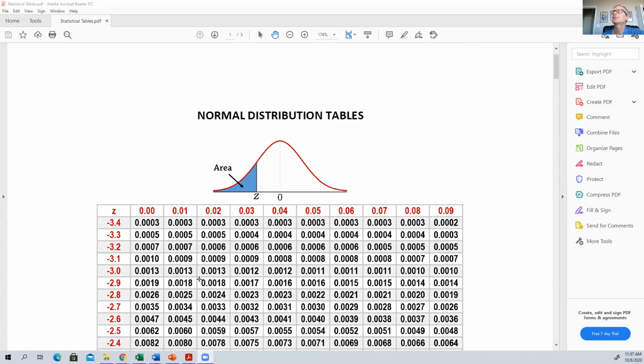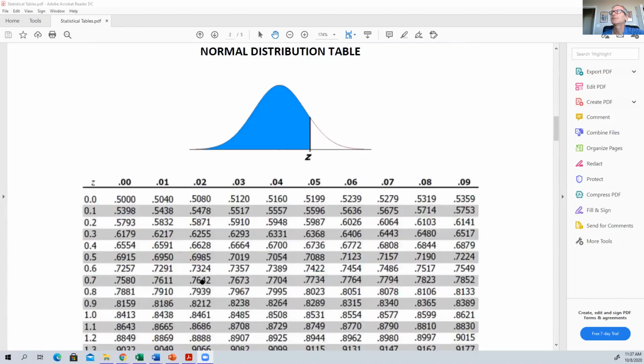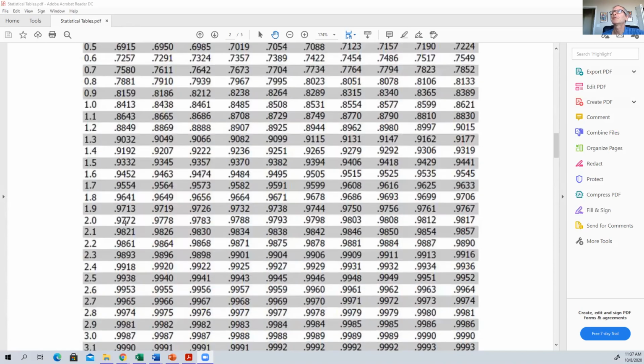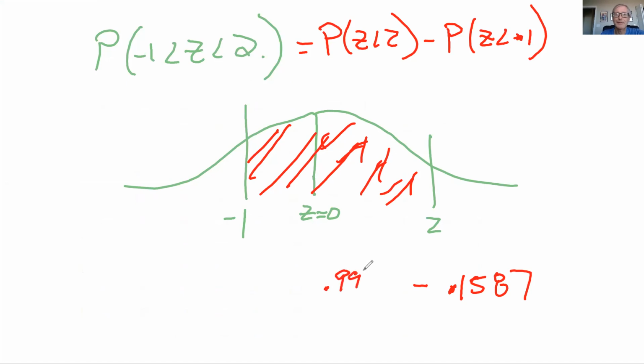And so we want to subtract that from z less than 2. So we have to go all the way down to the 2.0, and there's 0.9772. So if we go back to the whiteboard, and you get out your calculator and you do this calculation, 0.9772 minus 0.1587, and you would see that the area would be 0.8185.